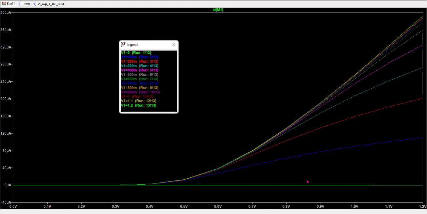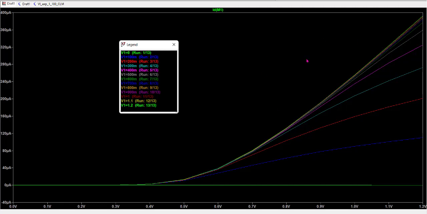How will you understand it? So you see at any point, at 0.9 volts VGS, there is an increase in the current ID with increase in VDS, which is what we should see, right? With the increase in VDS, the current should increase and then get saturated at some point.